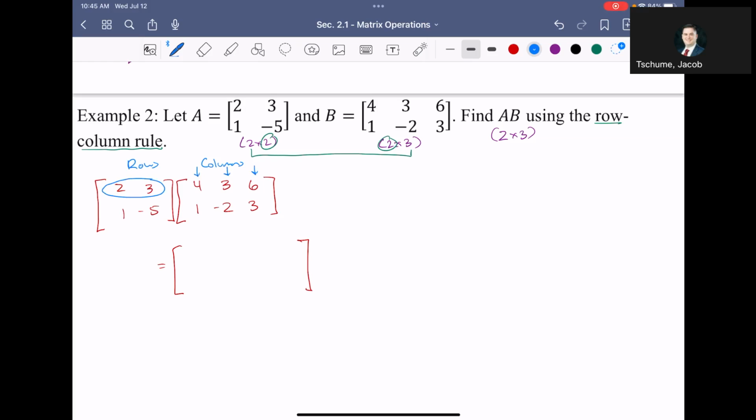For example, if I take the row 2, 3 and multiply it by the column 4, 1, what I am doing is taking 2 times 4, first element times first element, plus 3 times 1, second element times second element. If you compute this, 2 times 4 is 8, plus 3 times 1 is 11. So the first position in my new matrix is going to be an 11.